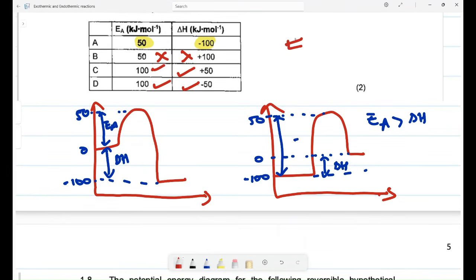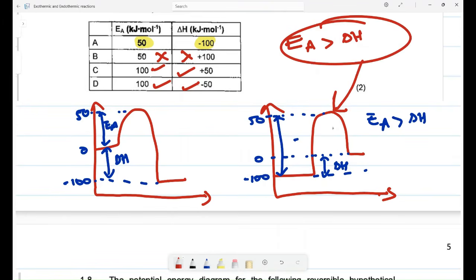One thing you have to note is that for the endothermic reaction, EA is always greater than change in H. Similarly, even for this one also, actually for both reactions, there's no way EA will be less than change in H. This is what you have to take note of.